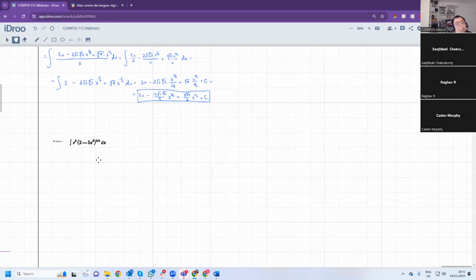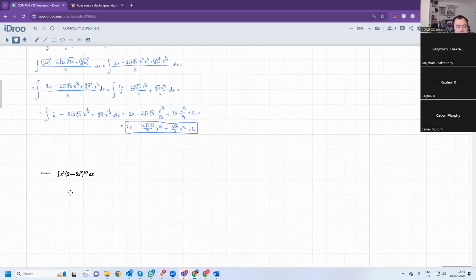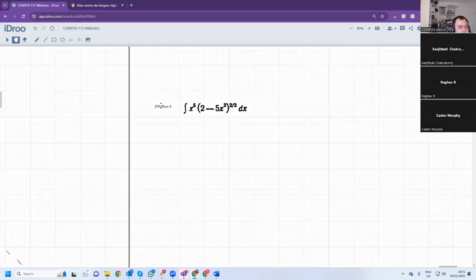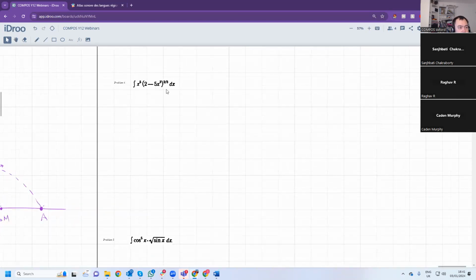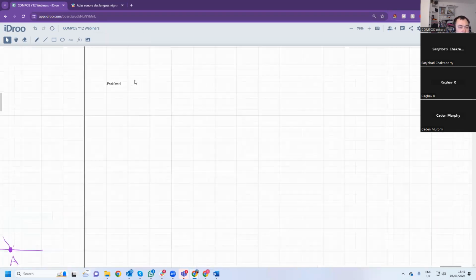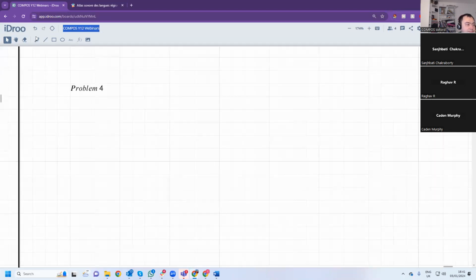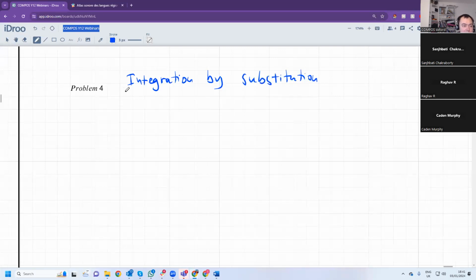Let's think integration by substitution. So how does that work?